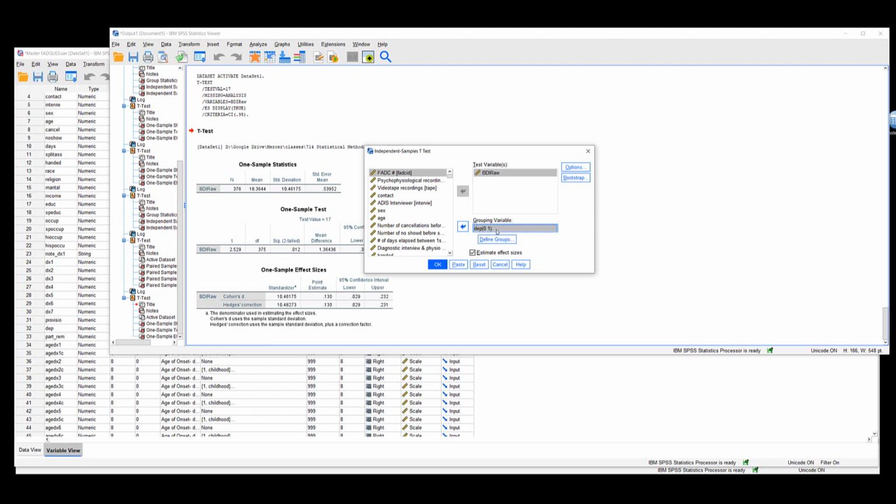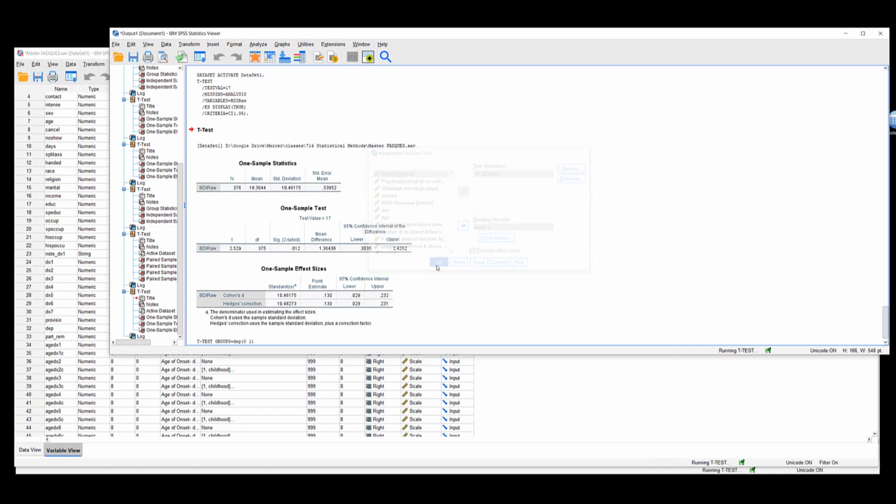So I've got this variable here on comorbid depression, and it's a 0 if they don't have comorbid depression, a 1 if they do have comorbid depression. So I define the groups that way. And so we're going to see, is there a difference in the amount of depression on this measure for people who do or do not have depression? We probably already know the answer to this, but we're going to do this anyways as a test.